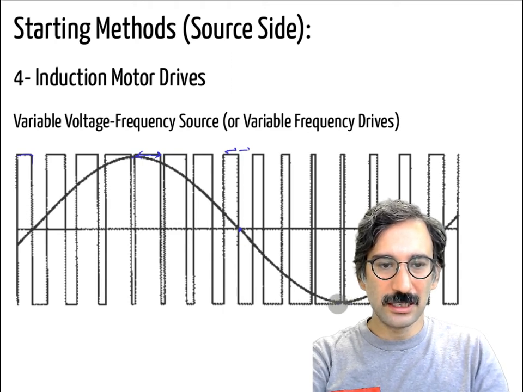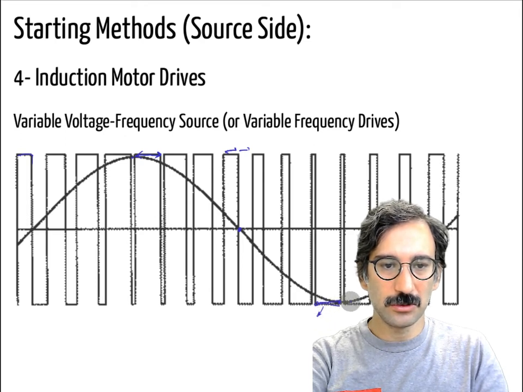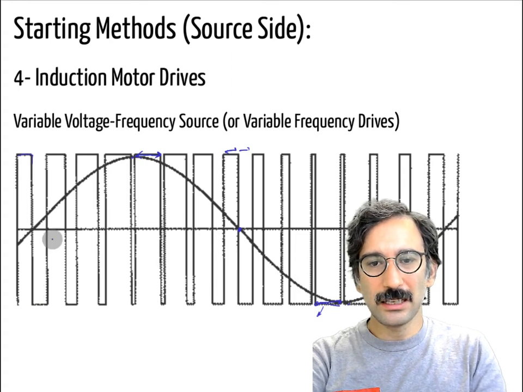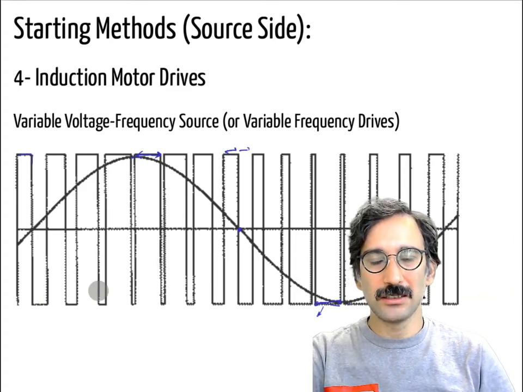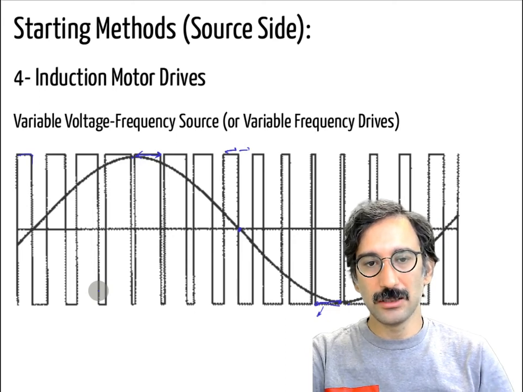Whenever it is negative, you have the maximum duty cycles on the negative side of those square waves.